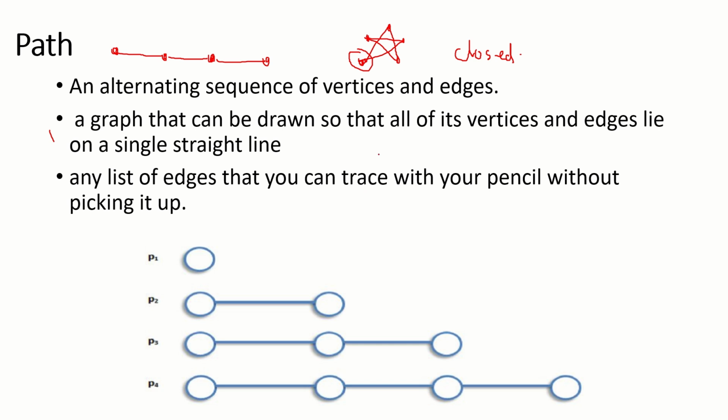You can draw it like this, a star, or like a ladder. It's still a path, as long as you can redraw this one in a horizontal manner or without lifting your pencil.